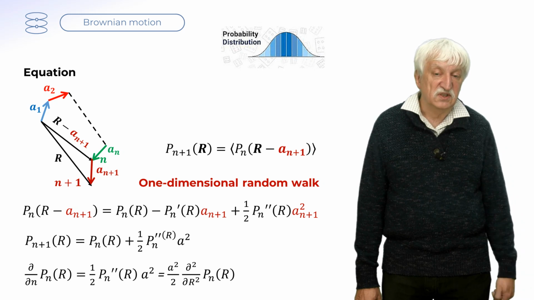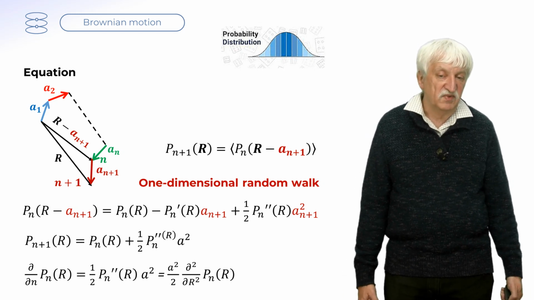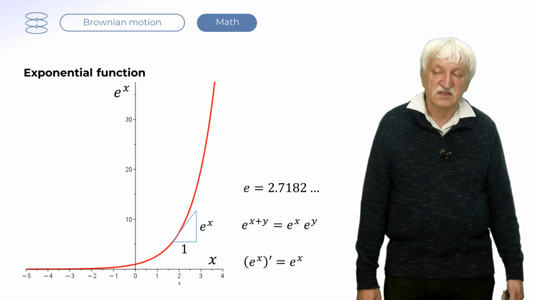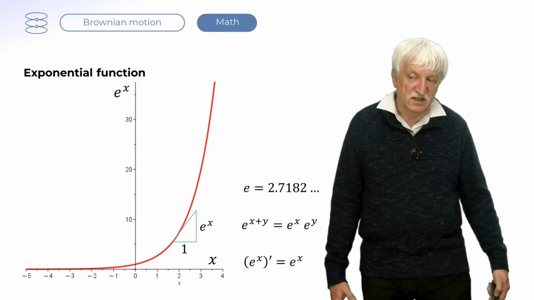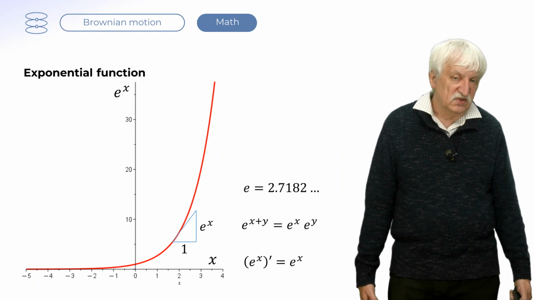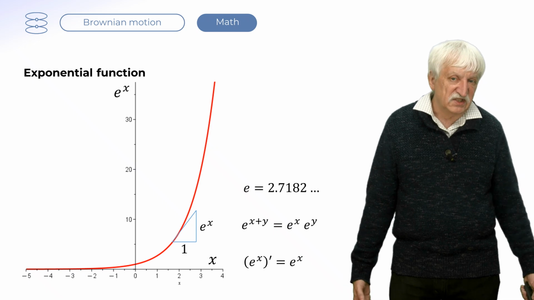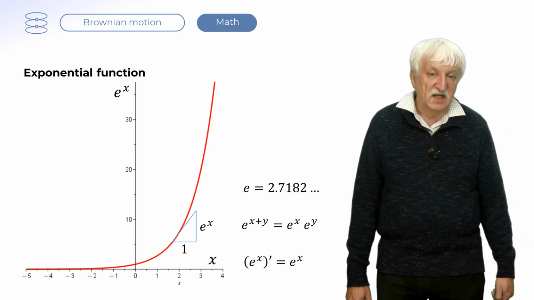This equation is called a differential equation, but it can be easily solved using knowledge about the exponential function. So what is the exponential function? It's e to the power of x.